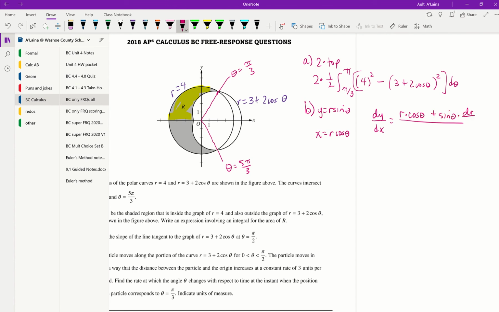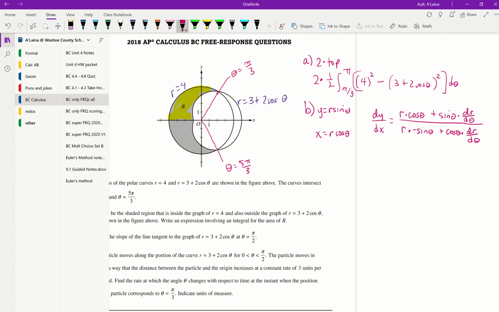And since this derivative is with respect to theta, not r, I have to do times dr over d theta. On the denominator, I'll do the first times the derivative of the second plus the second times the derivative of the first. This formula is sometimes written in a different order. That's okay.